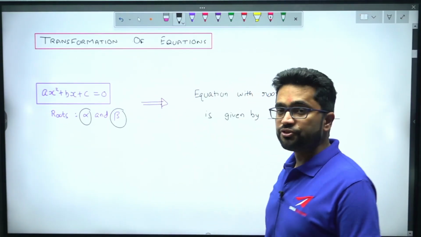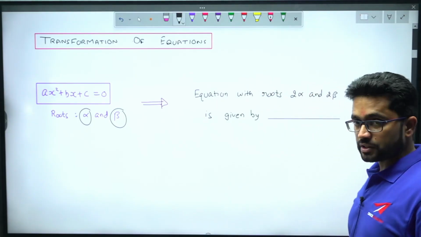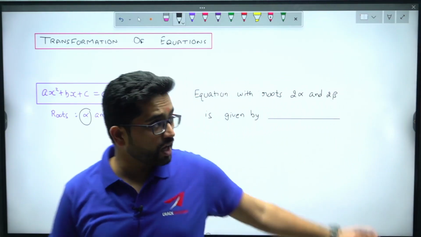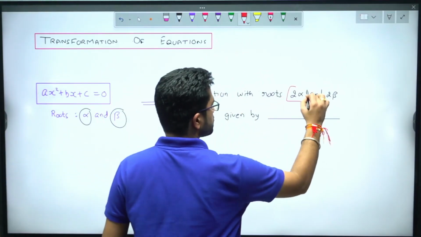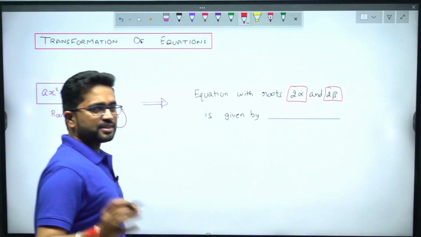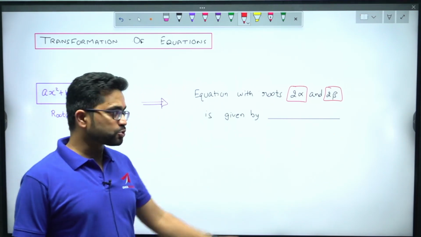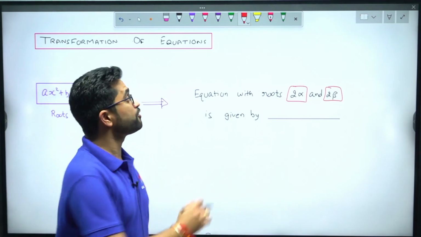Now they are saying form one equation whose roots are 2 alpha and 2 beta. As you can see, roots are being doubled. So how will you form any equation whose roots are 2 alpha and 2 beta?